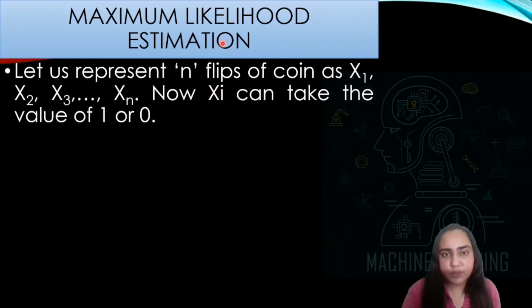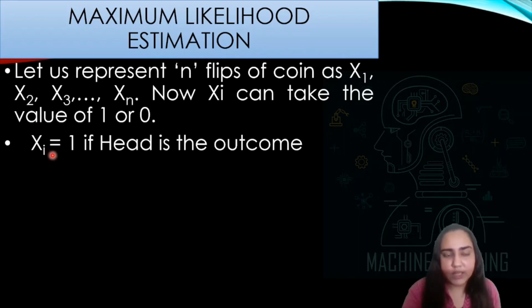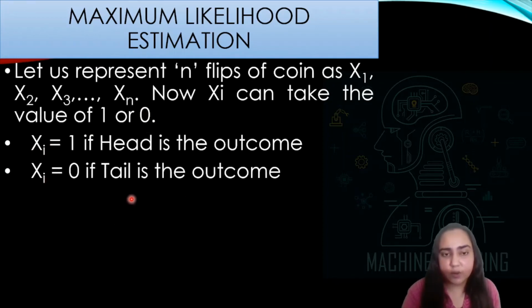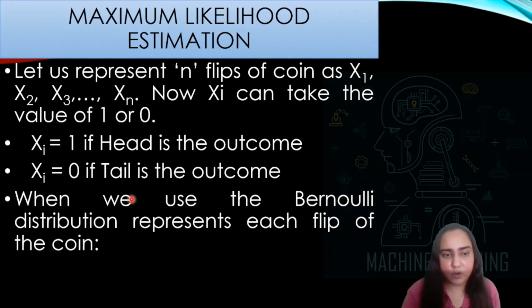Let us represent n flips of a coin as x1, x2, x3, and so on up to xn. And we can have xi, which can take the value of 1 or 0 only. So let's say xi is 1 if the outcome of the coin flip is heads, and xi is 0 if tail is the outcome of our coin flip.